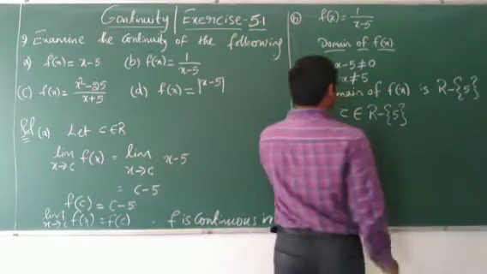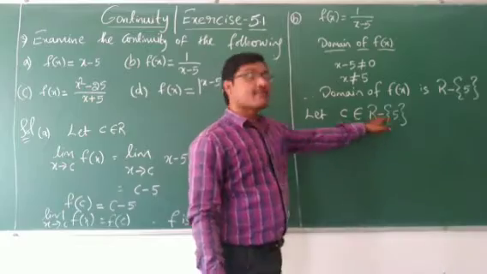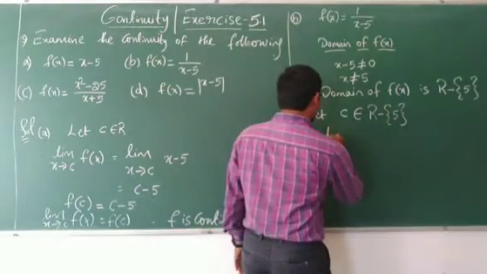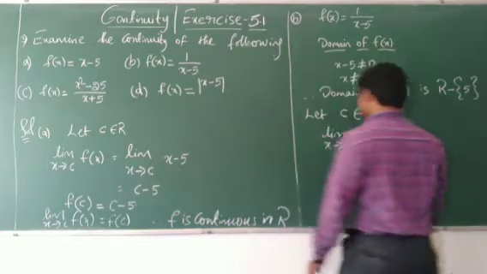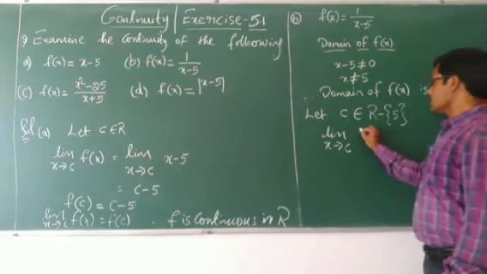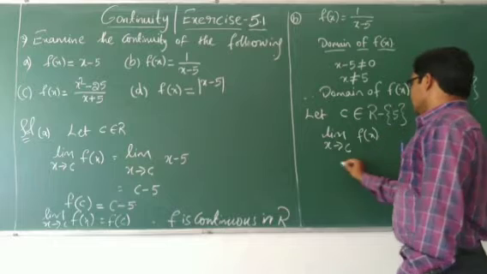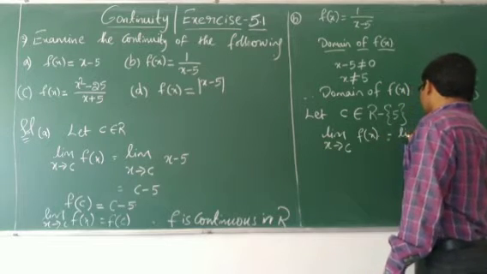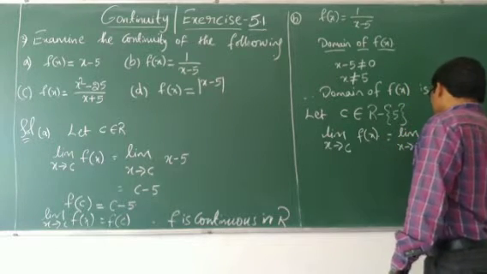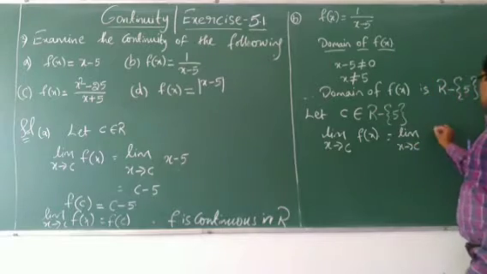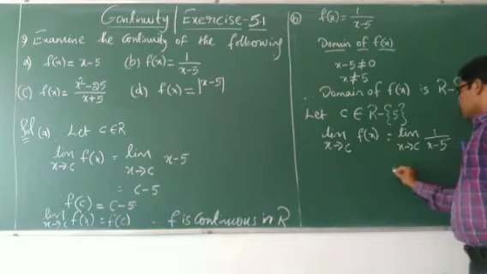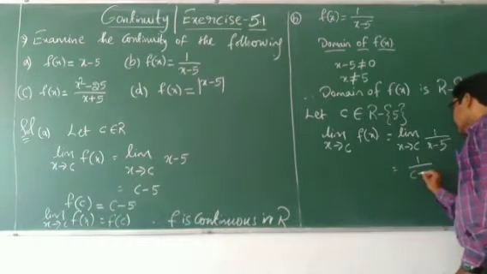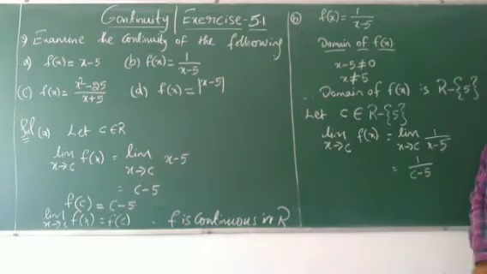So now let's consider a point C from the domain. Now take the limit. Limit x approaches C of f of x is equal to limit x approaches C of 1 by x minus 5, which is equal to 1 by C minus 5.